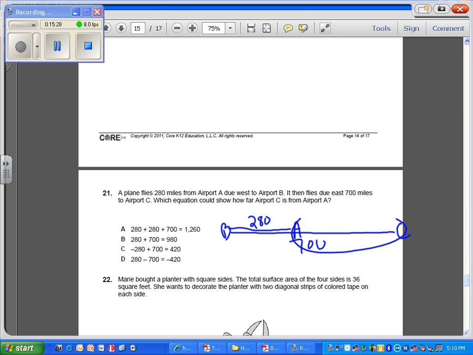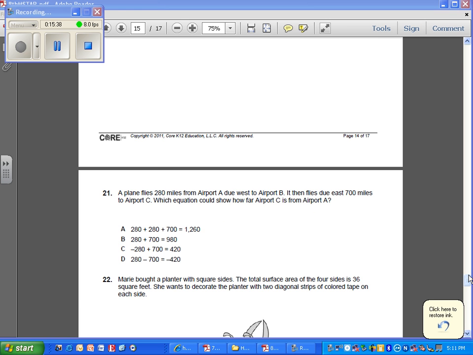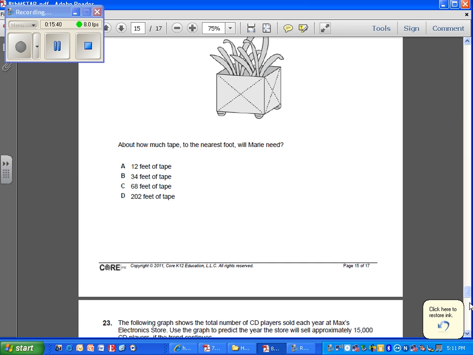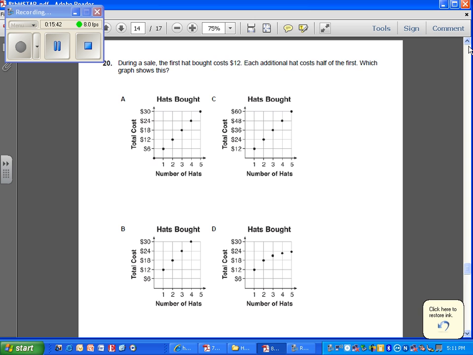So it's going to be 700 minus 280. The only one that shows that is C. And minus 280 is shown as a negative. So draw the picture.